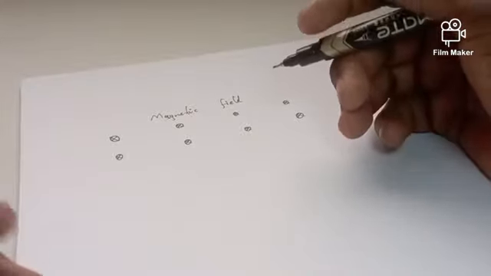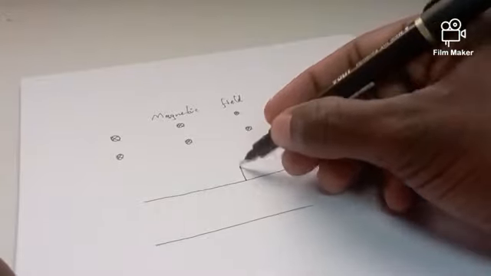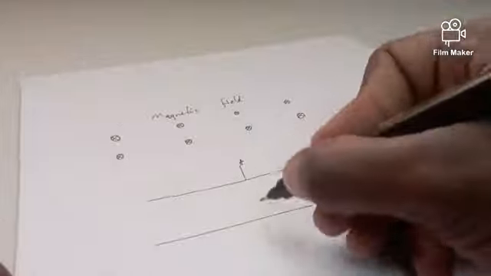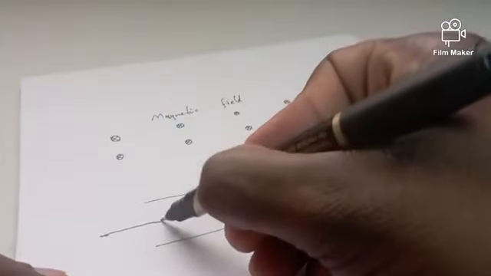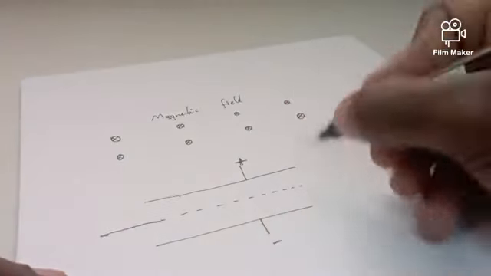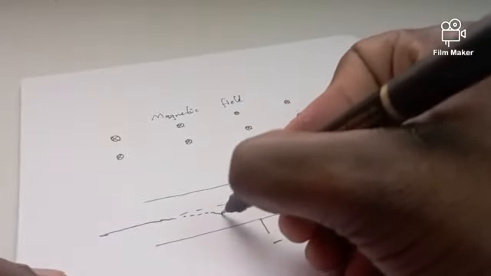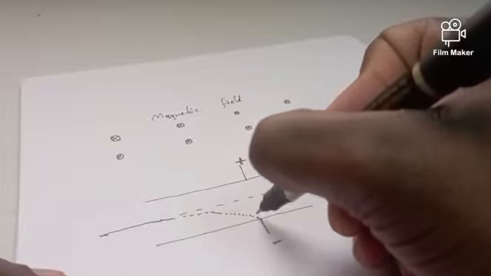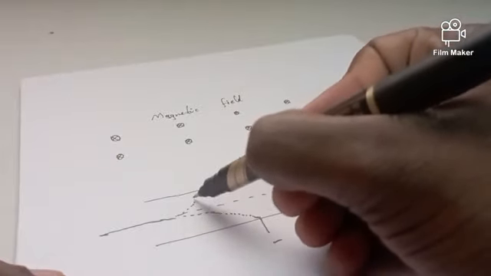For example, if I have my electric field here, connected to the positive terminal, and this to the negative or earthed. If I put a beam of subatomic particles here, the neutrons will not be deflected because they have a charge of 0. The protons will be deflected towards the negative. Then the electrons will be deflected towards the positive.